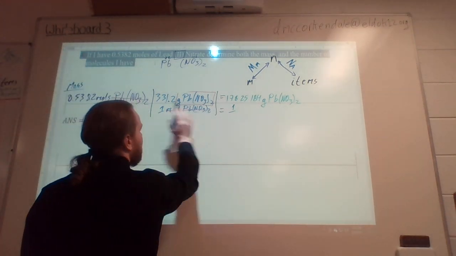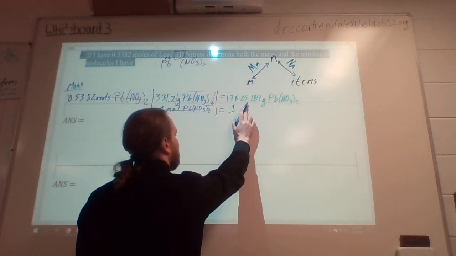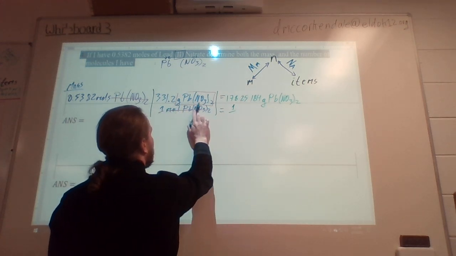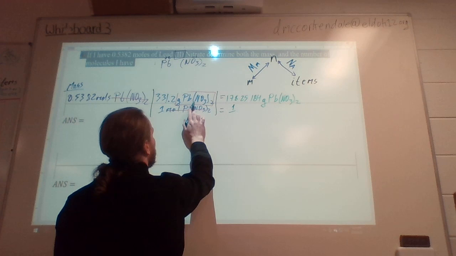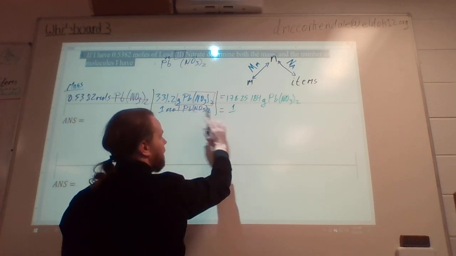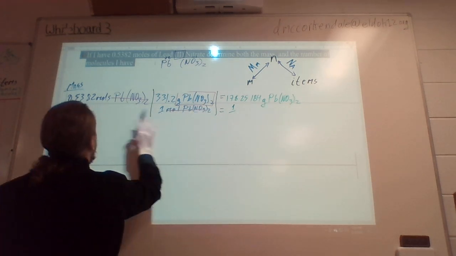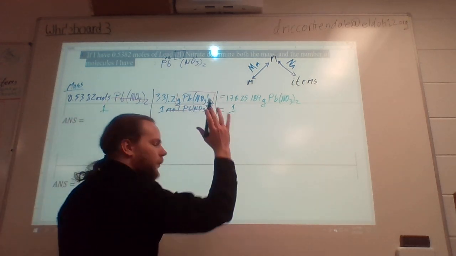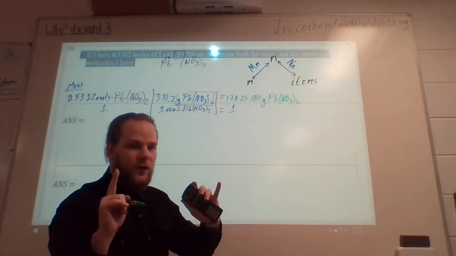And so those two numbers give us 178.25184. Again, we take the units inside of this red box I drew, grams of lead-2 nitrate. That goes on the end. 1 times the unwritten one here gives us a 1. So the only thing we have left is sig figs.